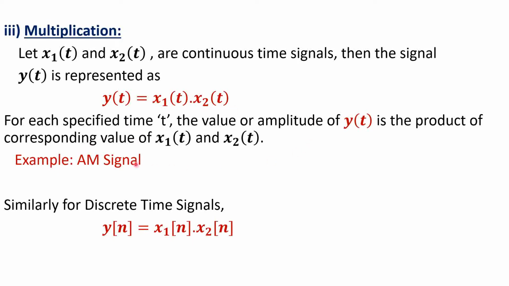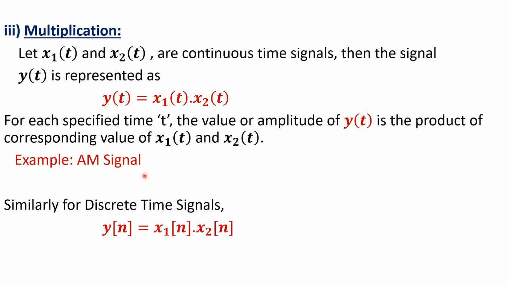In multiplication, for each specified time t, the value of amplitude of y of t is the product of corresponding values of x1 of t and x2 of t. That is, if we consider say t equal to 1, then the value of x1 of t at t equal to 1 is multiplied with the value of x2 of t at t equal to 1. That is nothing but multiplication between two continuous time signals.